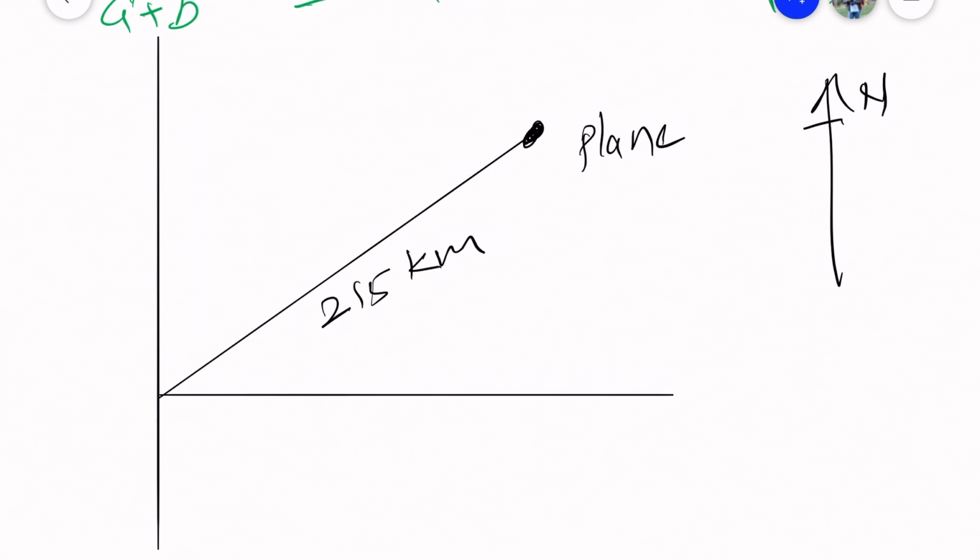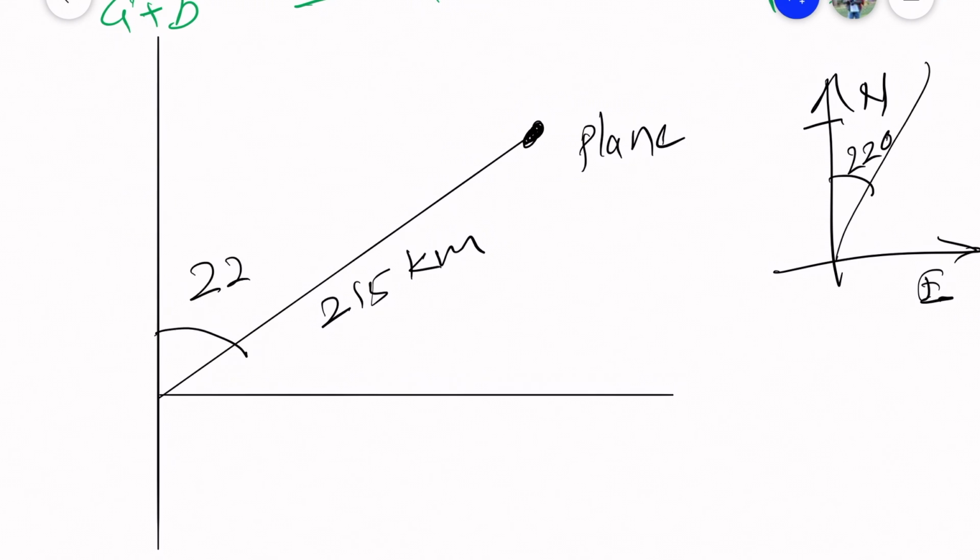So this is north, east is in this direction, it means the direction is this. In our case, the angle from the y-axis is 22 degrees, so the angle from the x-axis is 68 degrees. Now it wants us to find how far east and how far north is the plane.